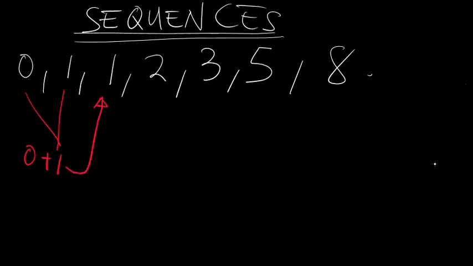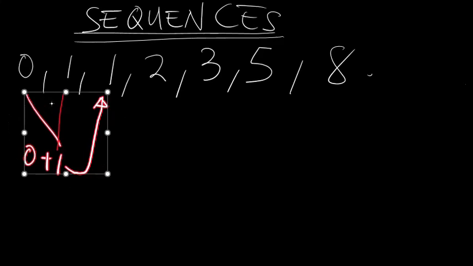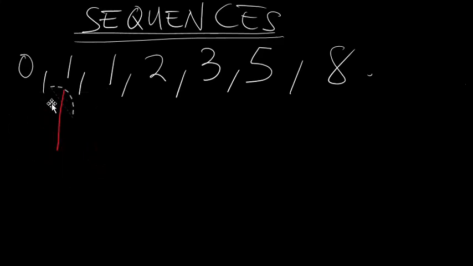Now you have 1 here. So that is how to get this. Now for this other one, we have explained how we got this. That is 0 plus 1 is 1.